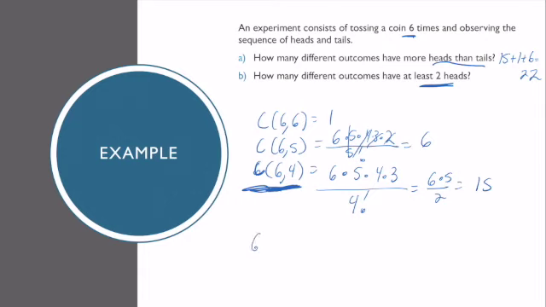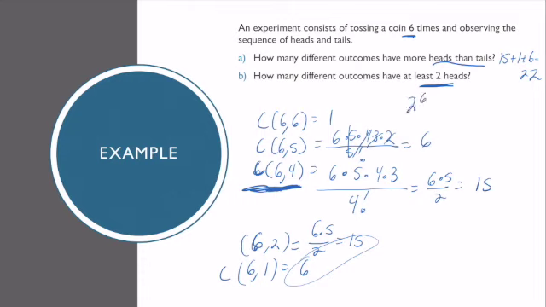But we could also do 6 choose 2 and 6 choose 1. Well, 6 choose 1 is just going to be 6. 6 choose 2 is just going to be 6 times 5 divided by 2, which is 15.